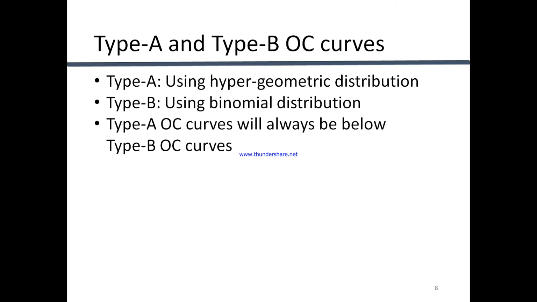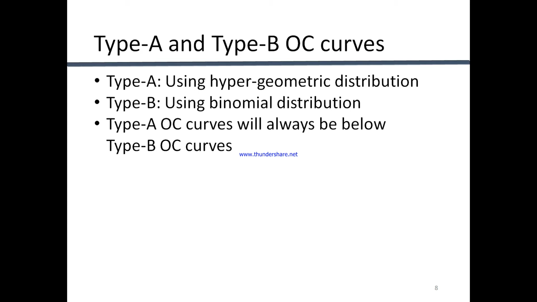Otherwise, we reject the lot. If you know the proportion of defectives in the whole lot, you can apply the binomial distribution equation to calculate the probability. That's what we discussed in the last session.